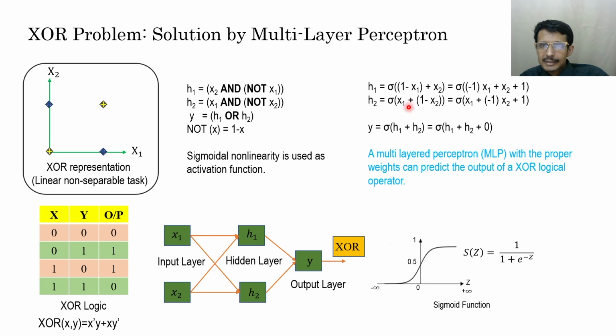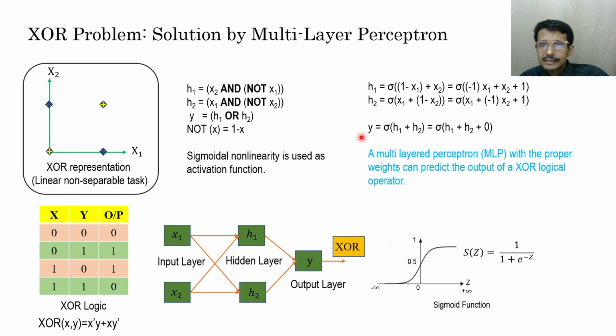These are the basic understanding of H1 and H2. Now what is Y? Y is basically a simple OR function, so sigmoid of H1 or H2, that is H1 plus H2 plus 2. In this way, simply adding a hidden layer between input and output, it can solve this problem which is not linearly separable.